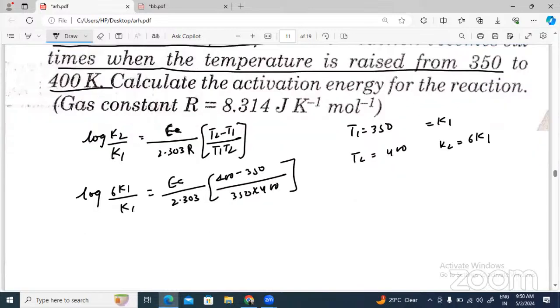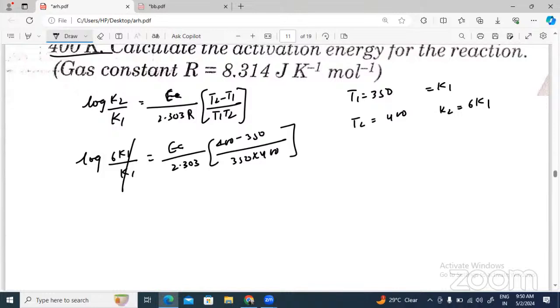Now here you see, K1 will cancel out, leaving log 6. Log 6 means 2 log 2 plus log 3. Here is the activation energy, 2.303, and 50 upon 350 multiplied by 400.